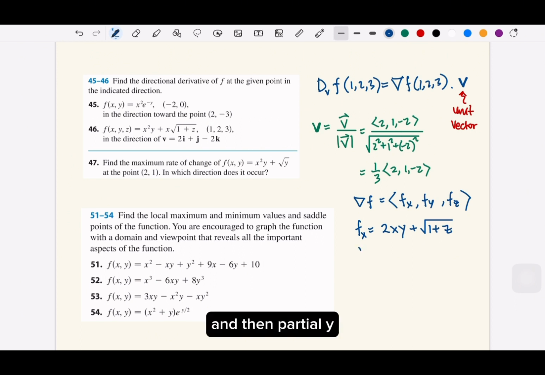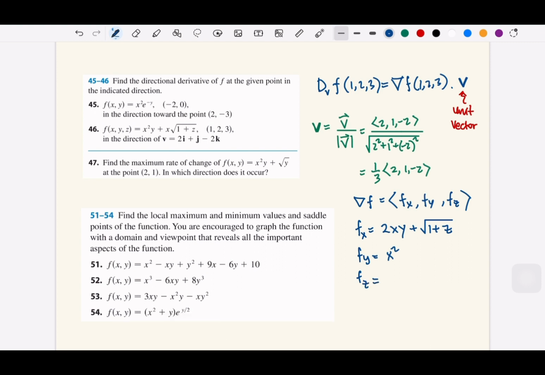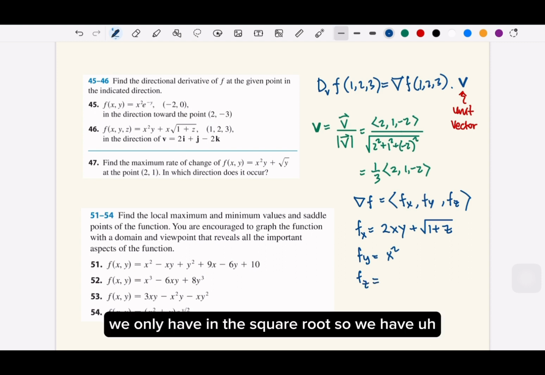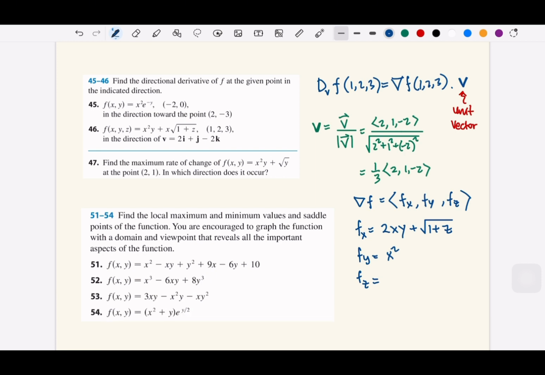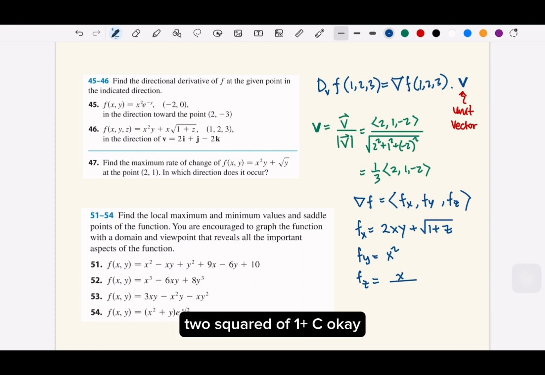And then partial y, we have x squared, and there's no y in the second component, so we leave that as a constant, so it's 0. And partial z, we only have it in the square root, so we need to multiply with x and then divide by 2 square root of 1 plus z, okay?